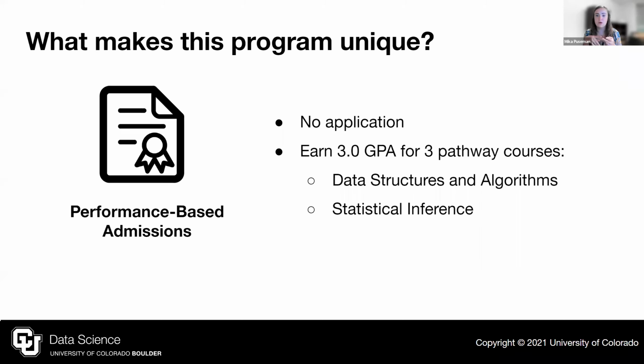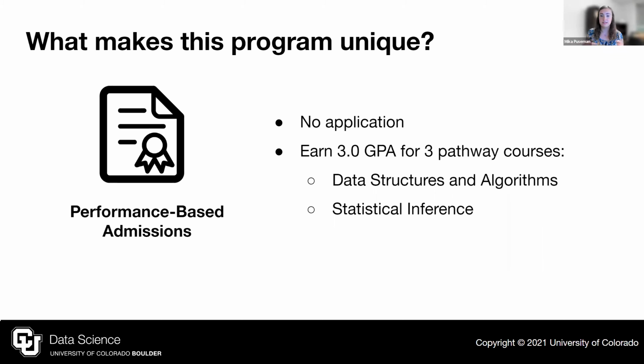There's no GRE scores, no TOEFL or IELTS scores, no letters of recommendation, and no application fee. All you have to do is prove that you can do the work, and you'll be admitted into this degree program regardless of your background, which is awesome for those students who are coming from the non-STEM background. So all you have to do is complete a series of 3 courses with a cumulative GPA of 3.0 or higher, which is a B average, and then you'll be admitted as a graduate student at University of Colorado Boulder.